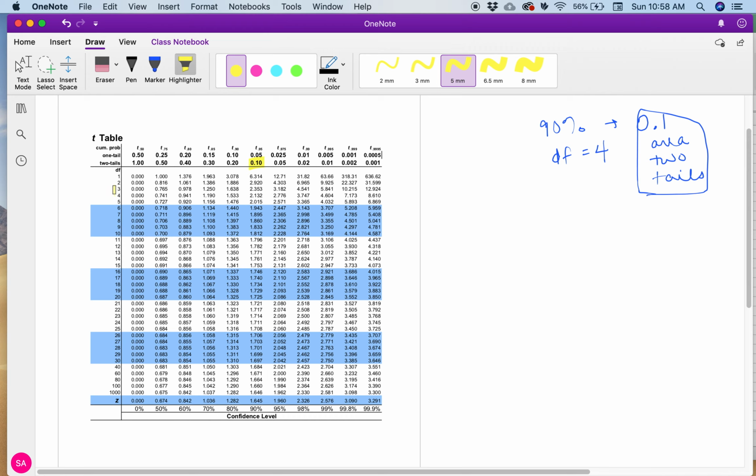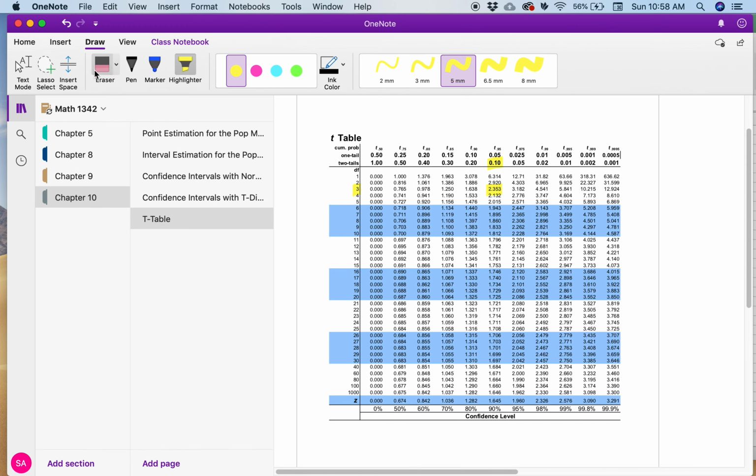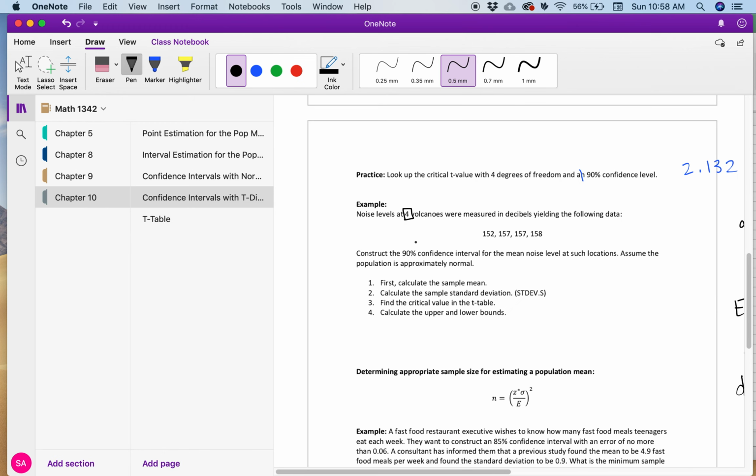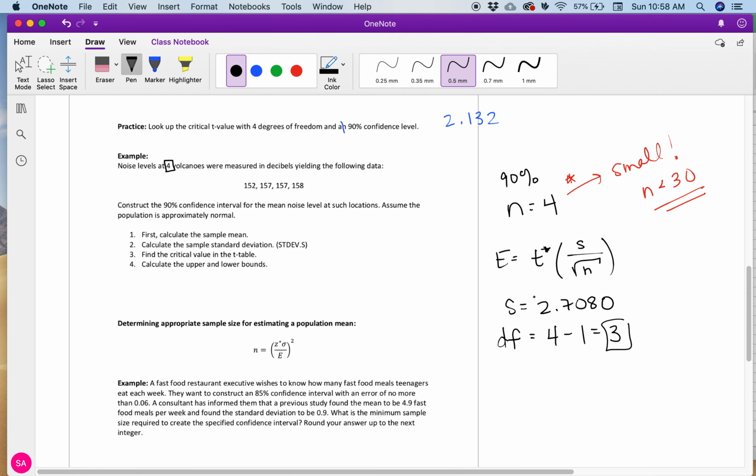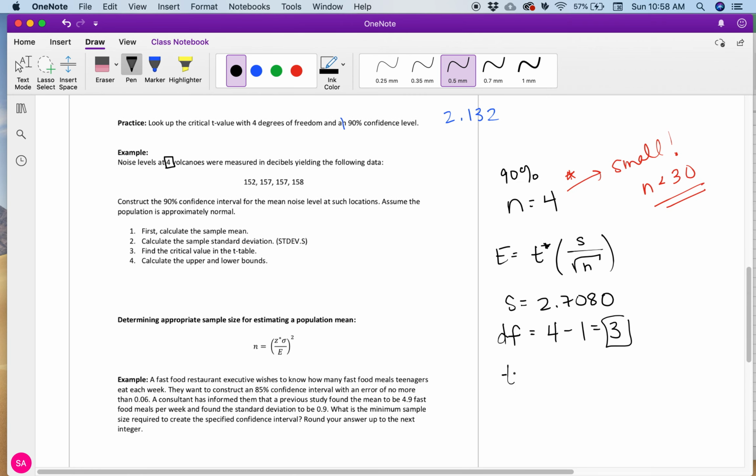And then 3 degrees of freedom. The intersection looks like it'll be right here. 2.353. So that is going to be my t value. My t star is 2.353.